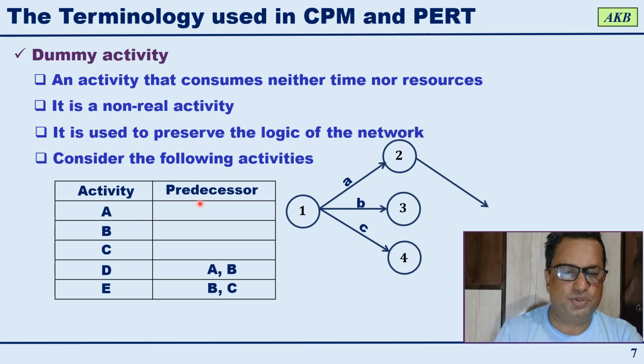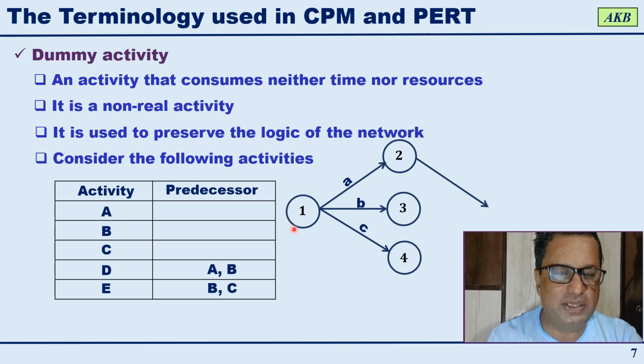Since these 3 activities don't have any predecessor activity, they can start simultaneously, so there will be one start event for all the 3 activities A, B, and C. So let us use capital letters.